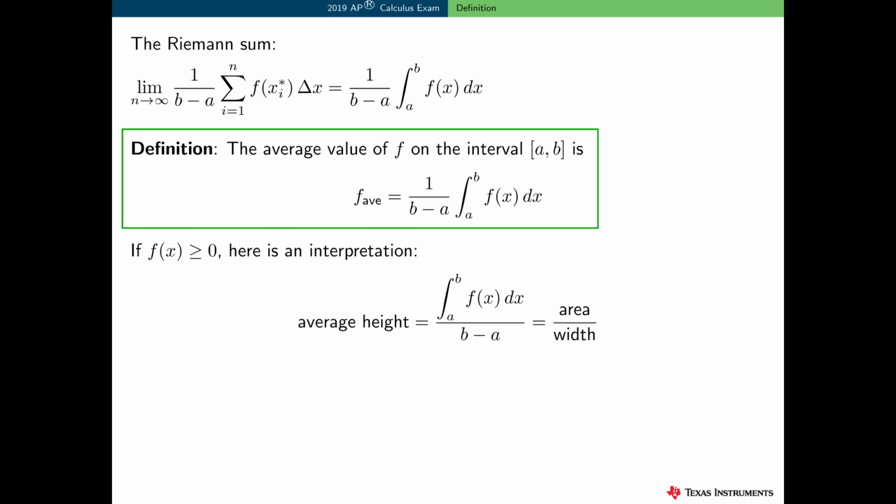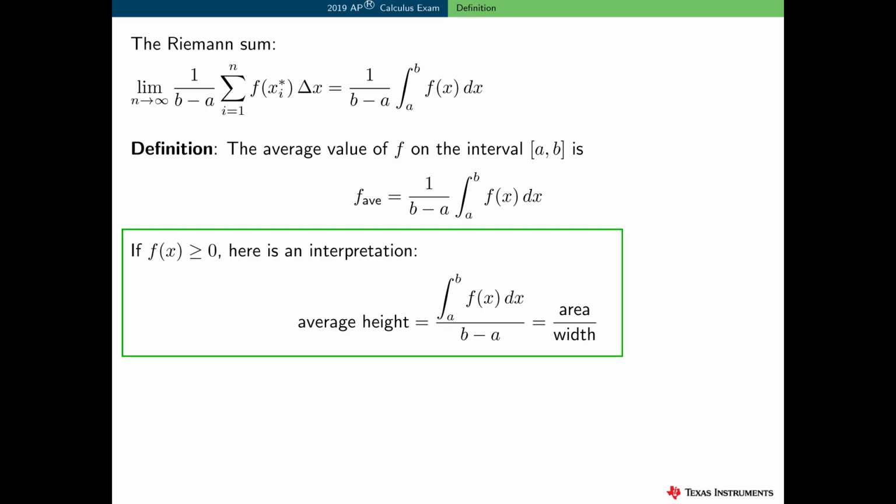It is 1 divided by b minus a times the definite integral from a to b of f of x dx. Now, if f of x is greater than or equal to 0, here's an interpretation. The average value, or the average height of the graph, is the area under the curve from a to b divided by the width of the interval.